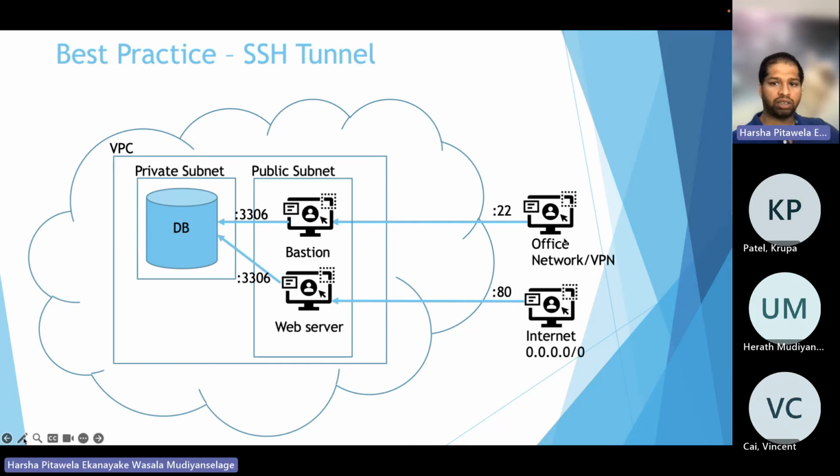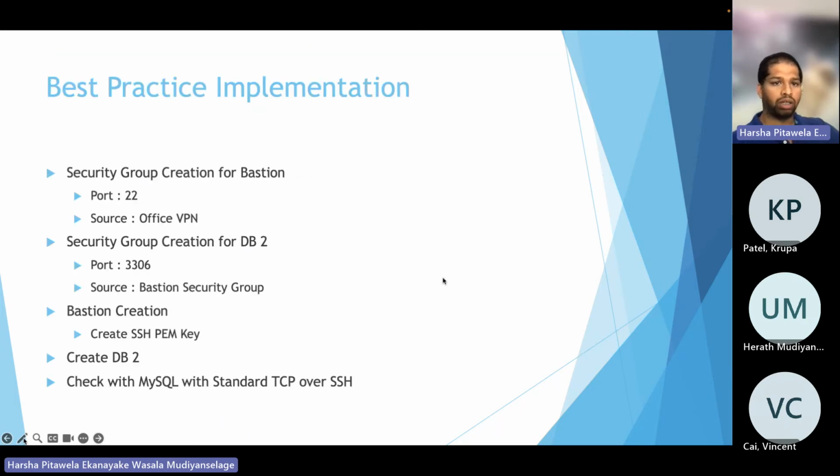The Bastion is accessed on port 22 from the office network, and then the Bastion can provide access to the database. That is the best way to access. So we have done this best practice implementation. We have created the Bastion security group, the database security group, the Bastion PEM file, and the database. Now we are checking the connection.